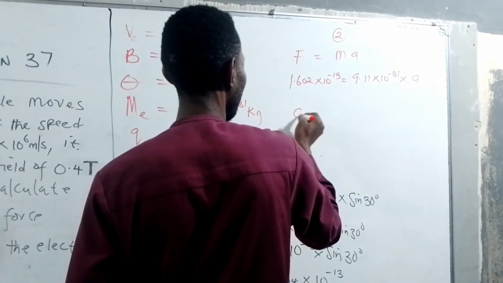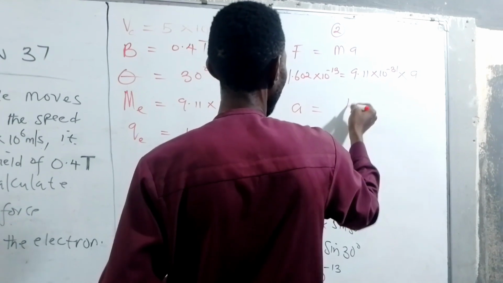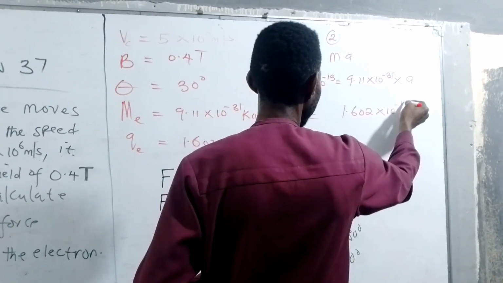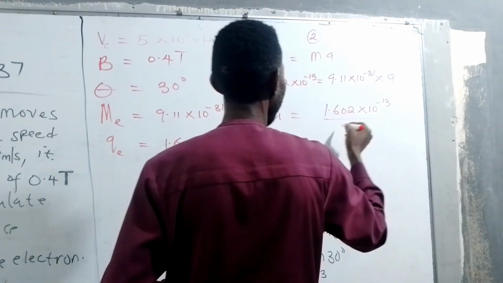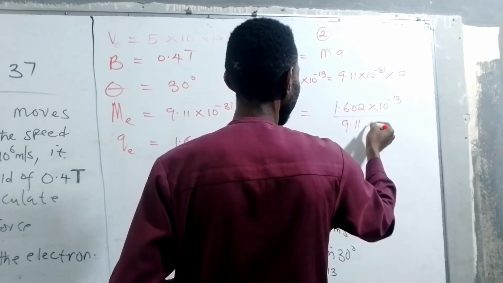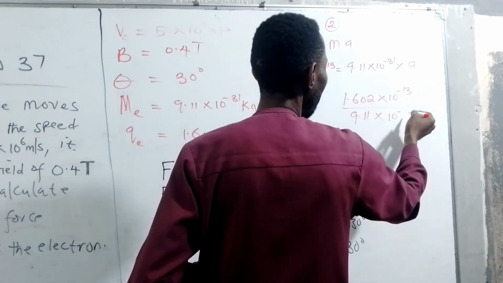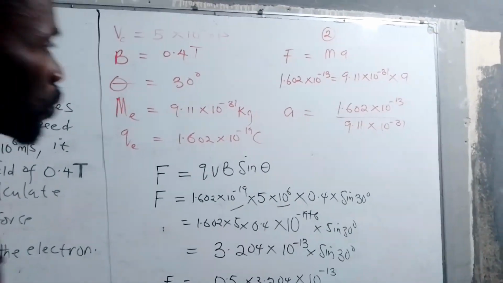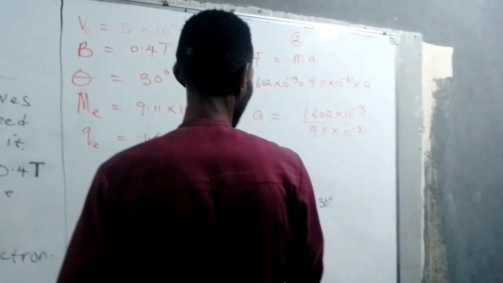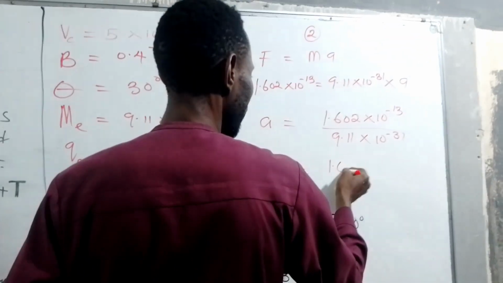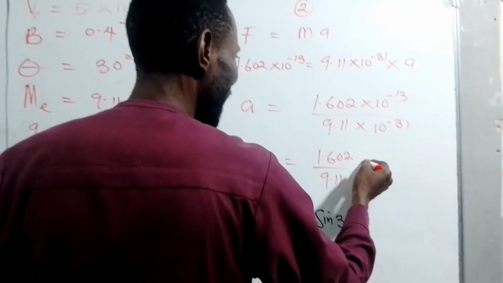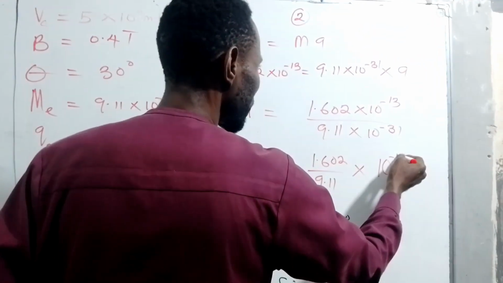So the acceleration A will be equal to 1.602 times 10 raised to the power minus 13 divided by 9.11 times 10 raised to the power minus 31. So the acceleration A will be equal to 1.602 divided by 9.11, then times 10 raised to the power minus 13.